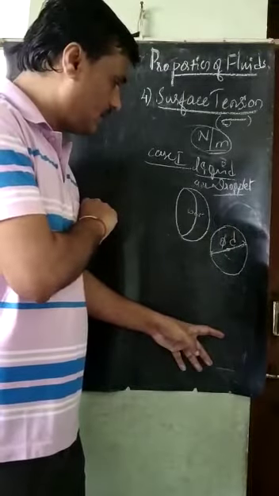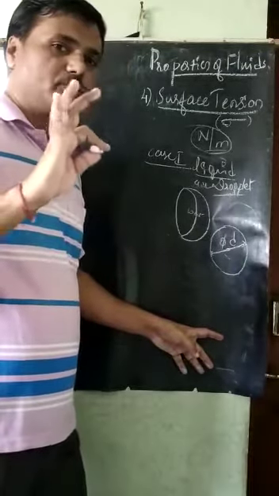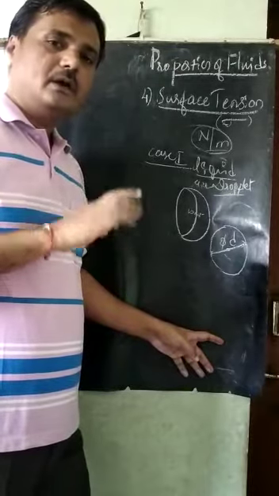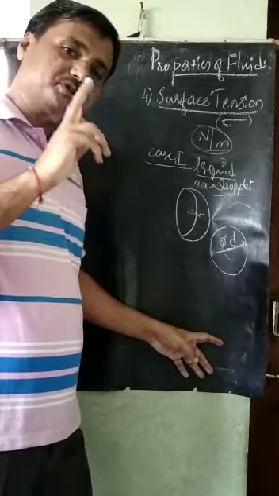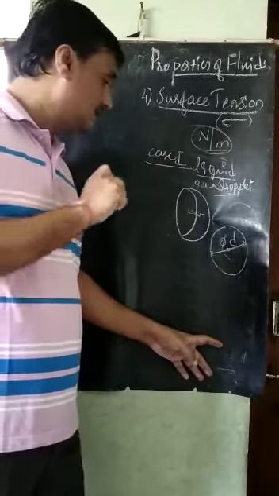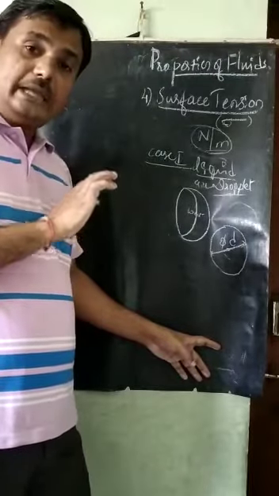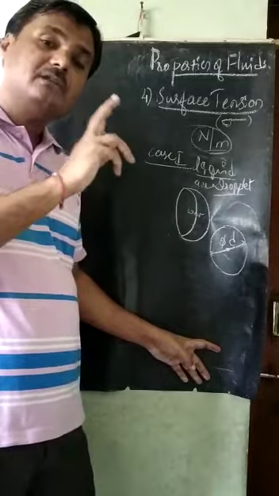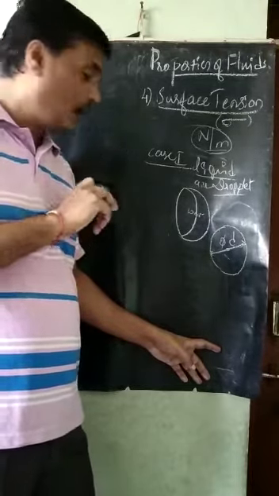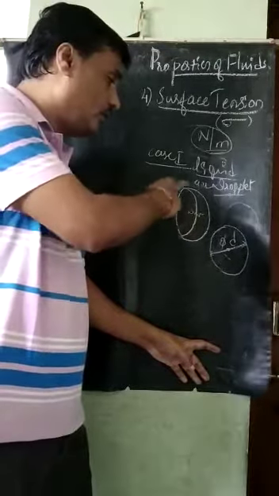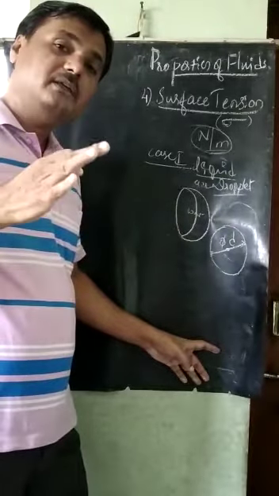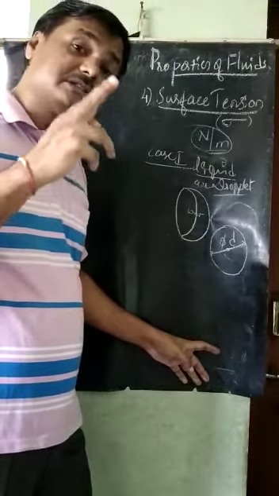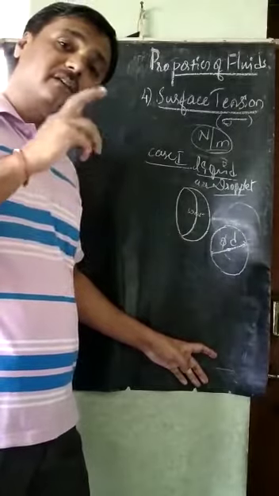So what will I take here? There are two types of forces, and they are in equilibrium. One is a pressure force, which is applied by the air on the surface. The other is the force created by the surface, the surface tension force.